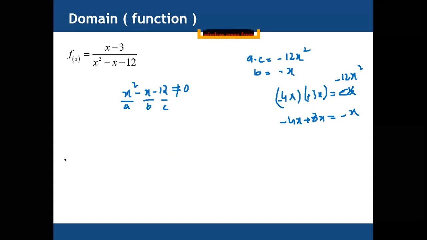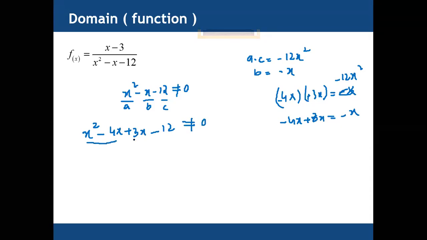Now if we factorize, first we have x square, then split minus x like minus 4x plus 3x, then minus 12, and that is not equal to 0.